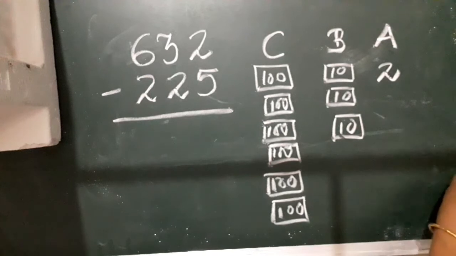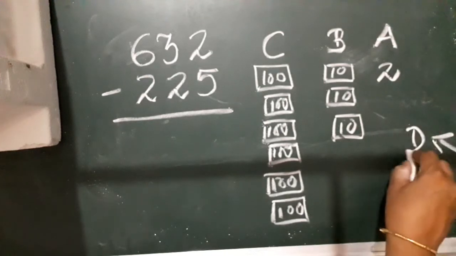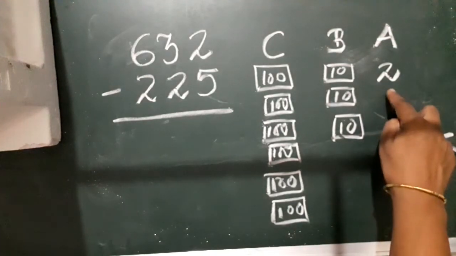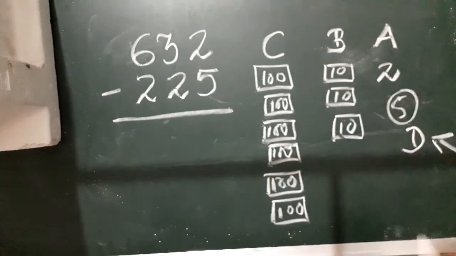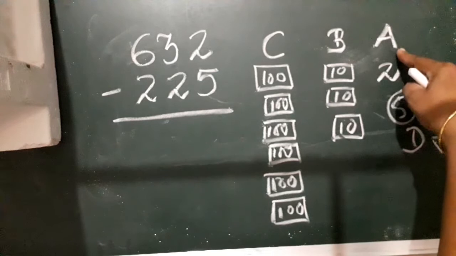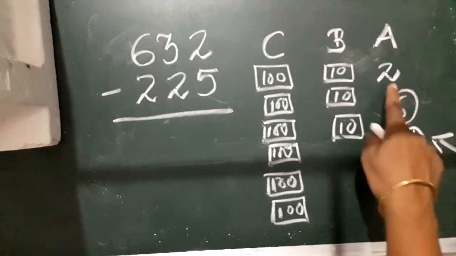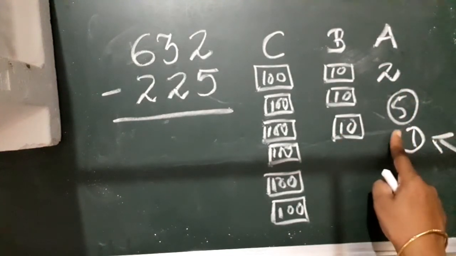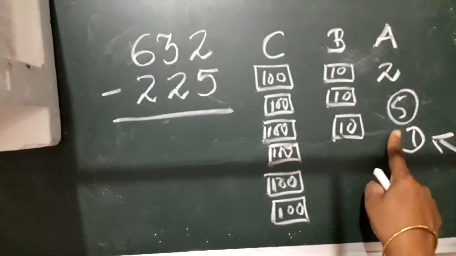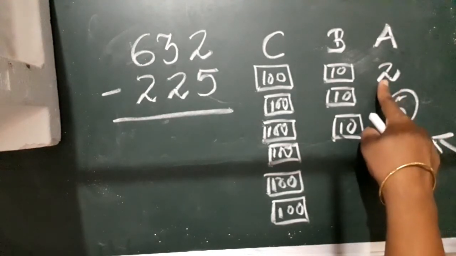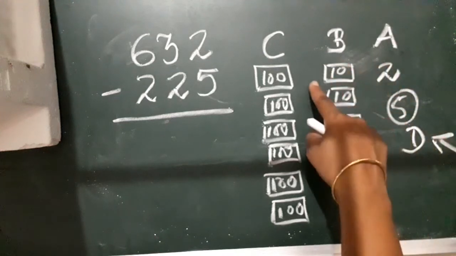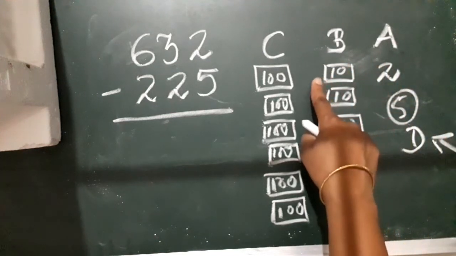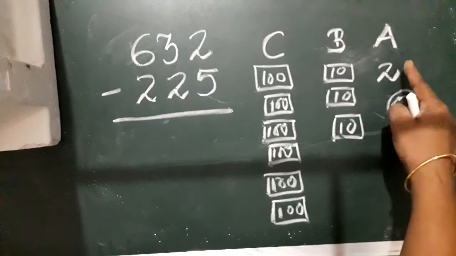Now person D approaches A and asks him to give 5 pens. Now A person is unable to give him 5 pens because he has only 2 pens. So what he will do is, he will go to person B and ask him to give 1 bundle.